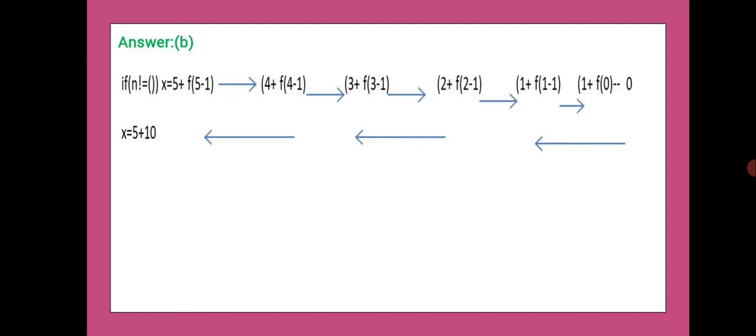So 5 plus f of 5 minus 1, then it tends to be 4 plus f of 4 minus 1, and then it goes to be 3 plus f of 3 minus 1, like that it goes to 1 plus f of 0, and hence x equals 5 plus 10.